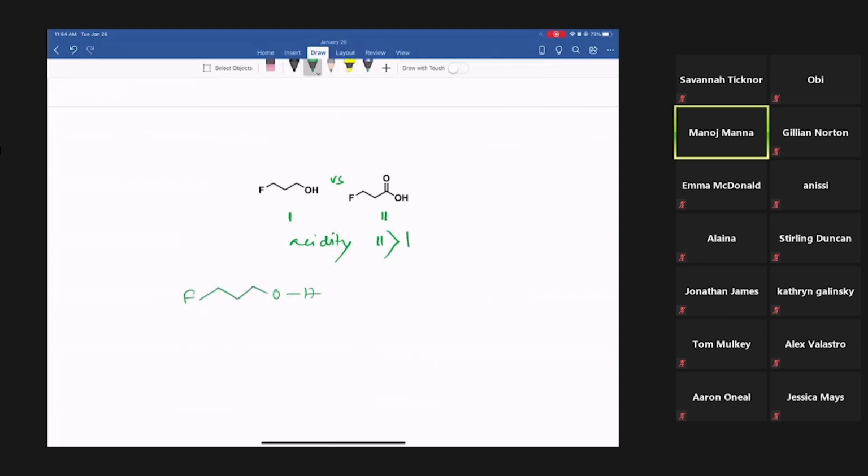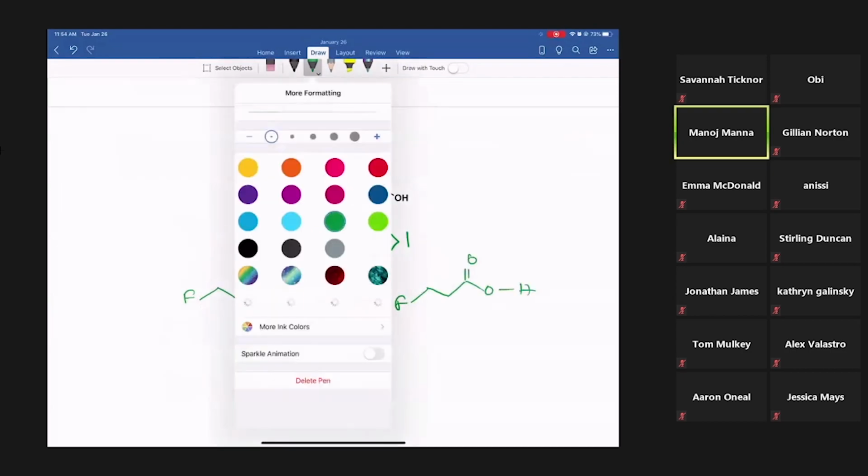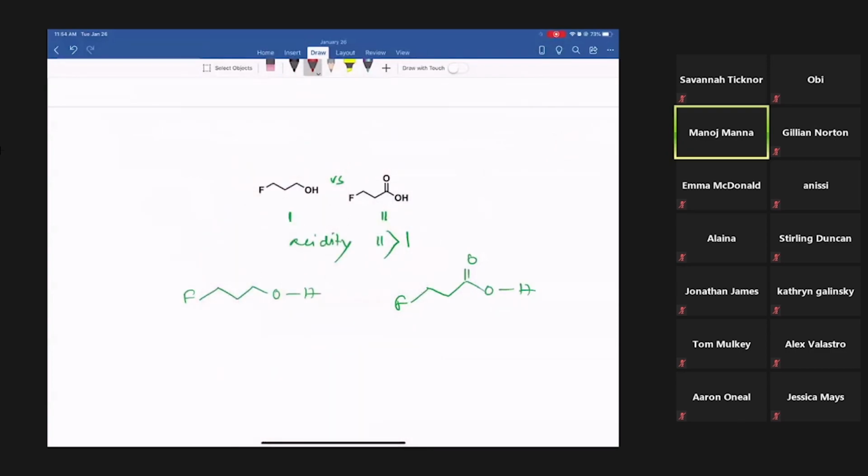OH, F, 1, 2, 3, double bond O, OH. That means you have an inductive effect in this direction, and here, this direction. Make sense?